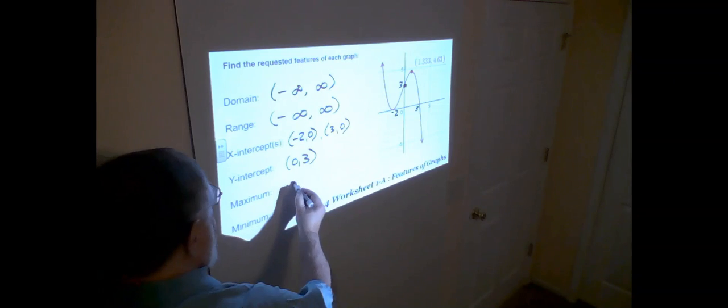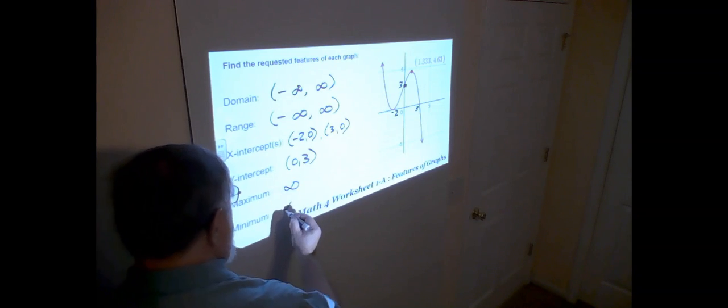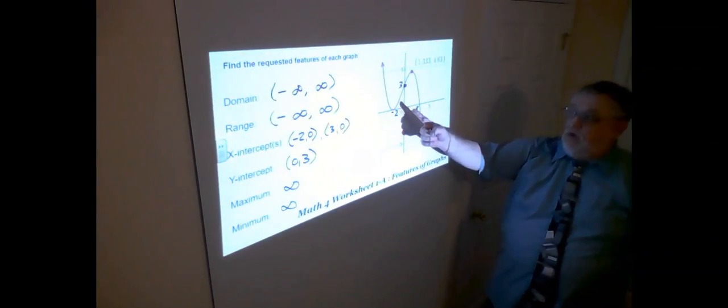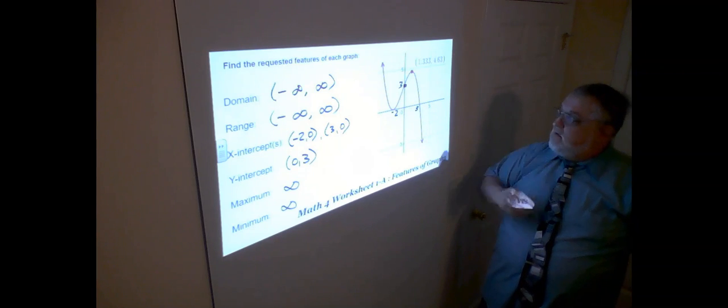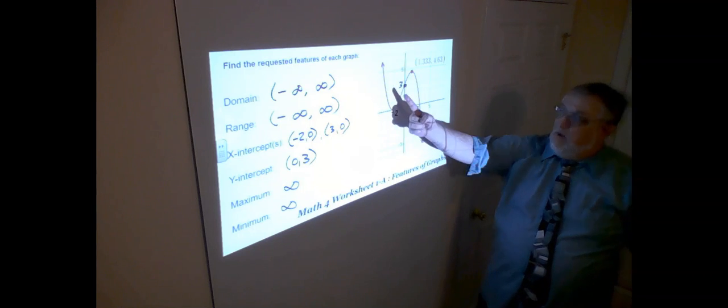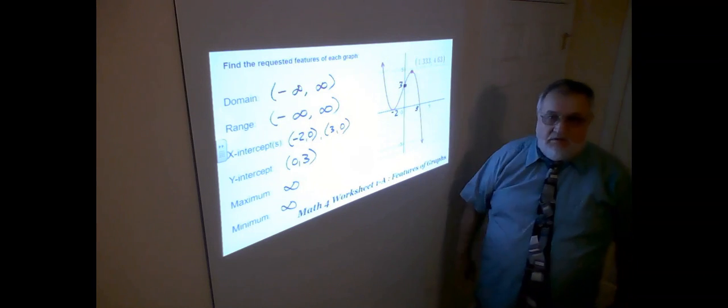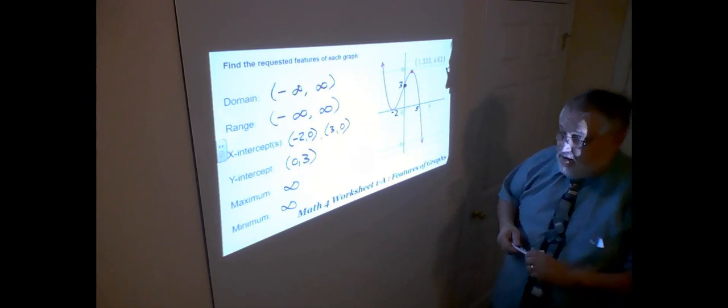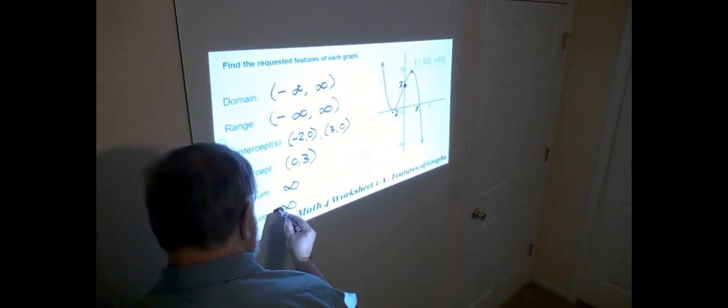The maximum is infinity, and the minimum is infinity. As this side's going up forever... actually, yeah, when it goes up this way, y goes forever. When it goes this way, y goes forever. So I guess the minimum would be -infinity. Let's be correct on that.